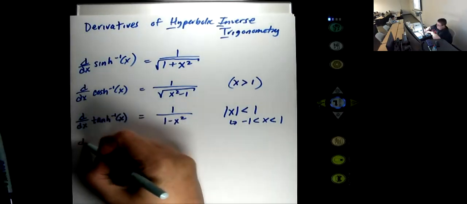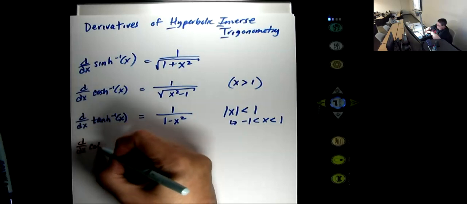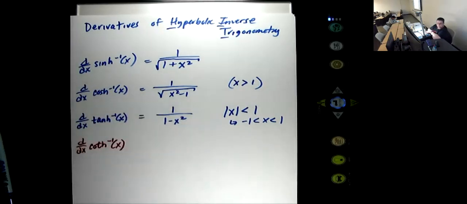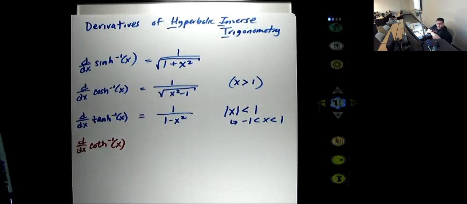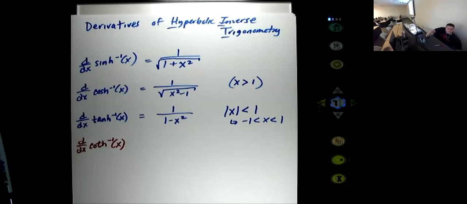Let's get to the other three. Let's do cotangent, hyperbolic inverse. That can't be right. There's no way that's right. Oh, it is.